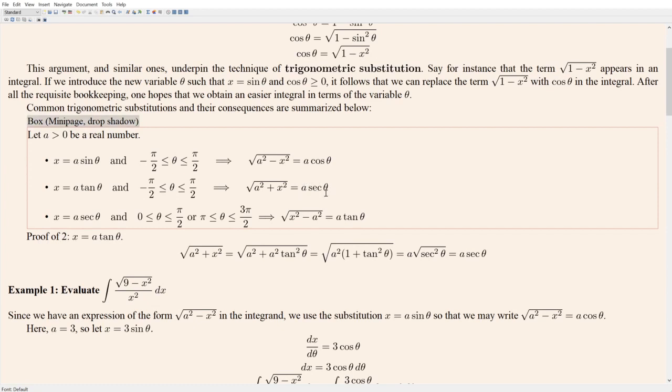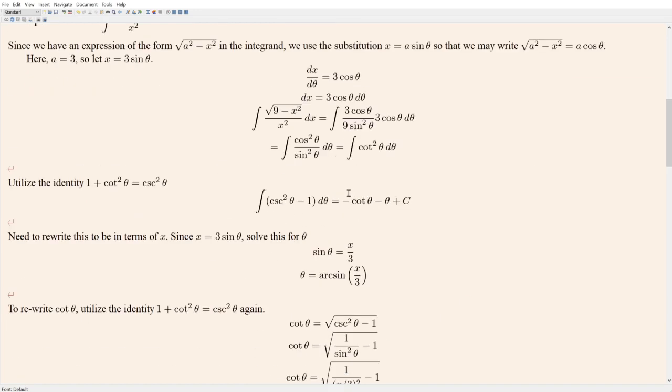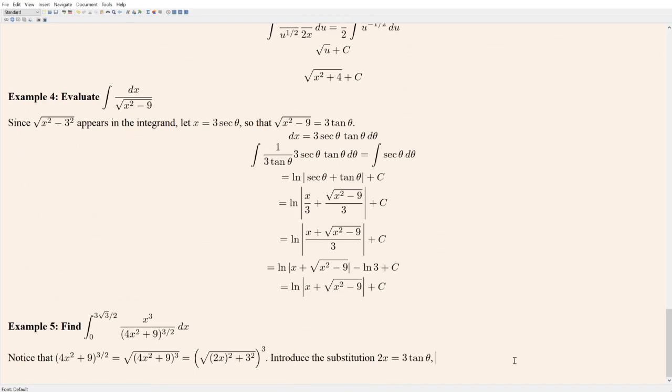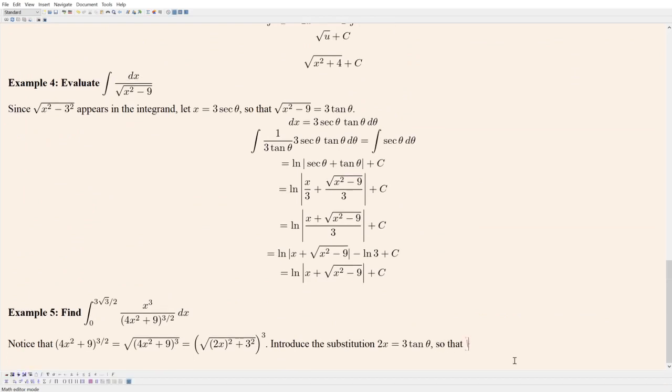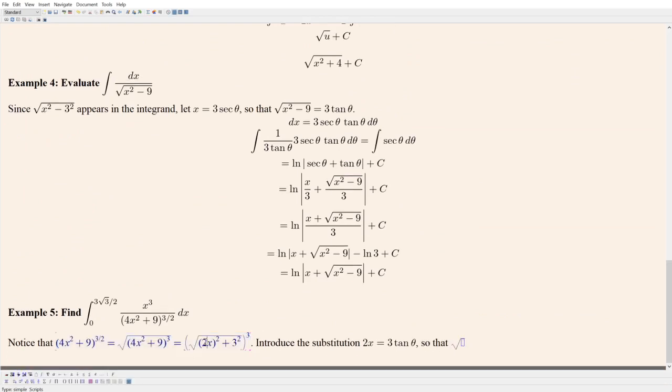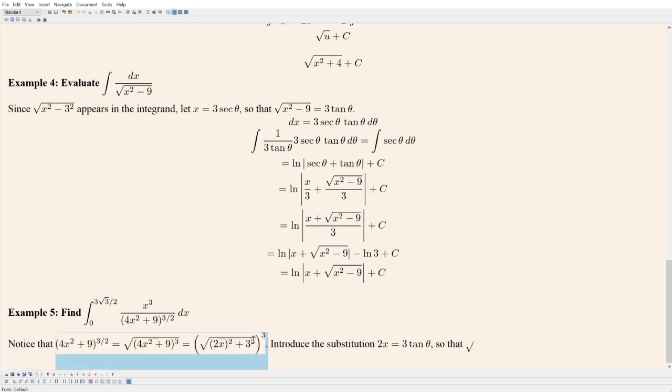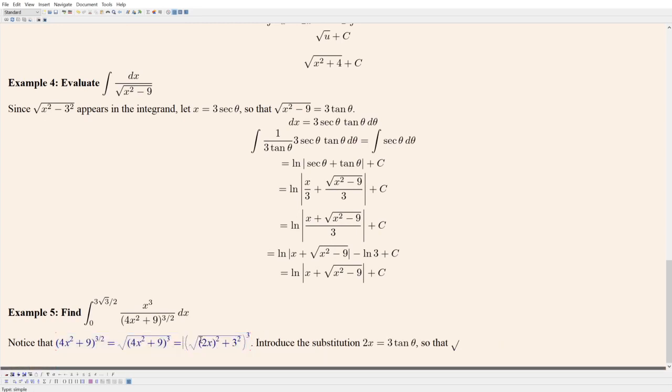Is there anything else that we need to do? No, I think it'll work just fine. So all of this junk becomes 3 secant theta to the power 3.